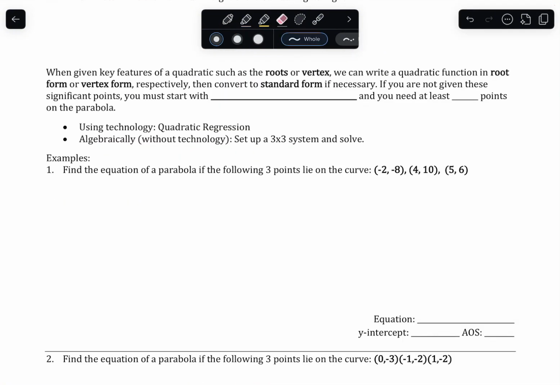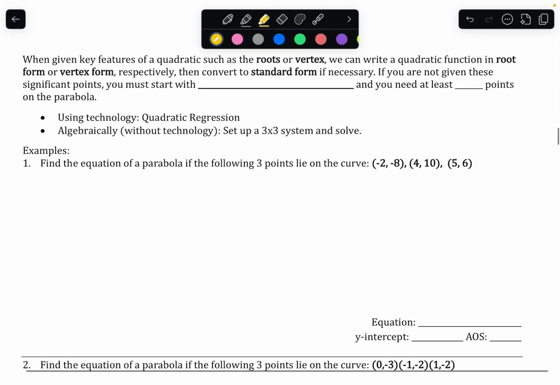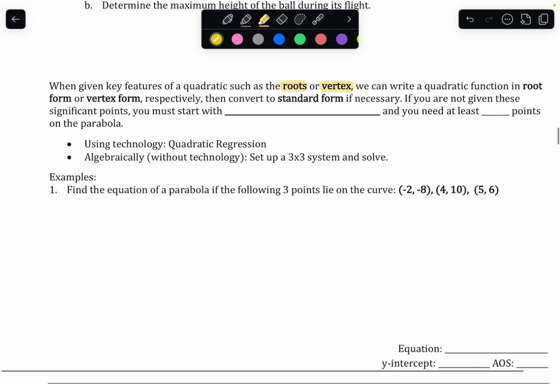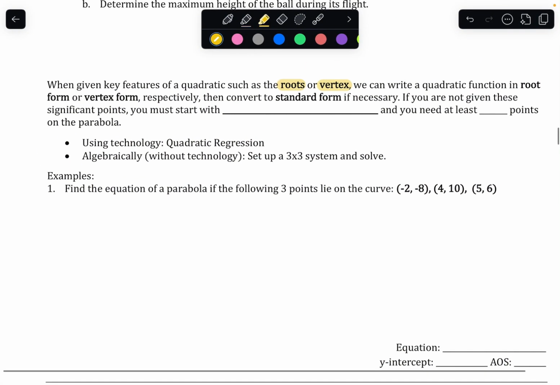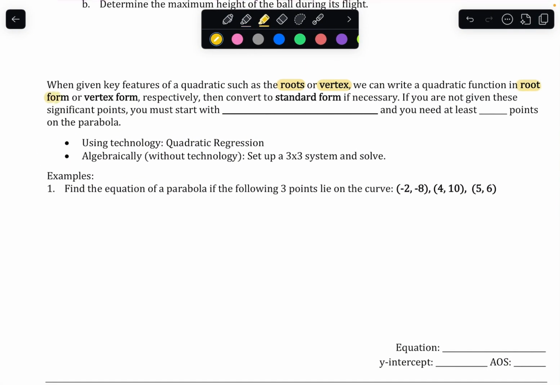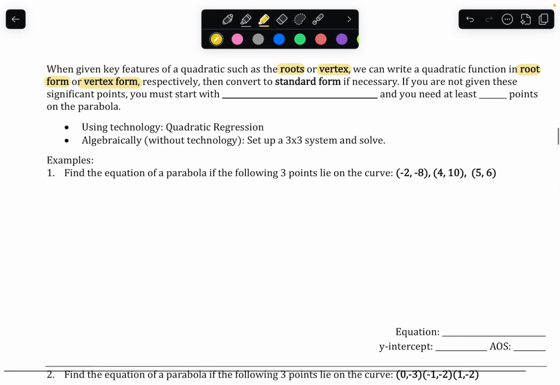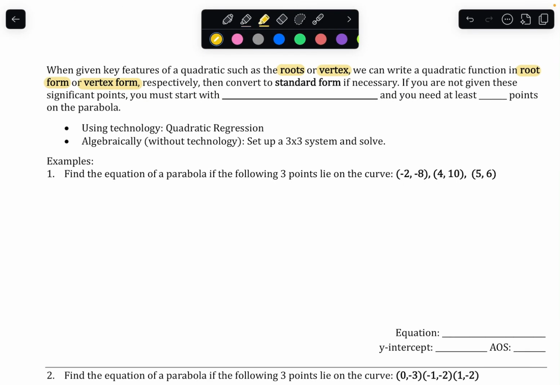All right, like I mentioned above and like we just did in the examples, if we are given key features like the roots or the vertex, we can write a quadratic equation in either root form if we're given the roots or vertex form if we're given the vertex. And then if we need standard form, we would just convert it to standard form.